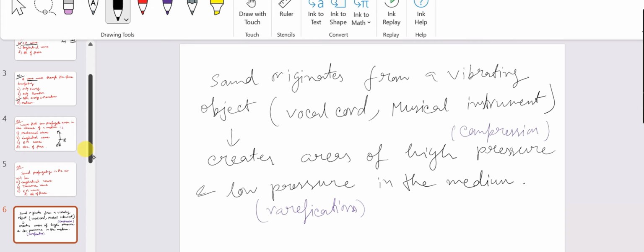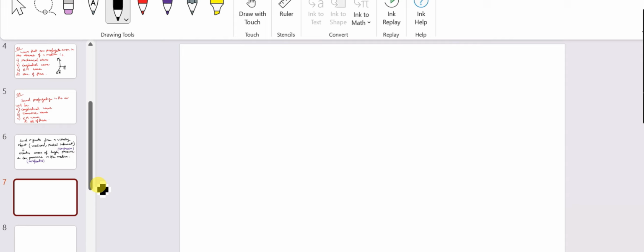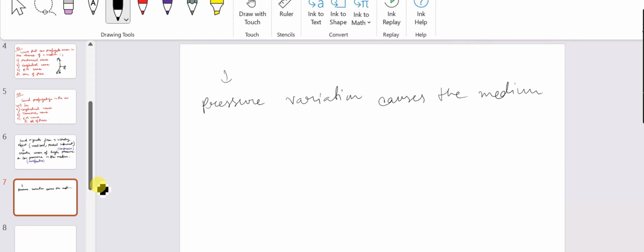So this pressure variation causes the particles to oscillate back and forth.